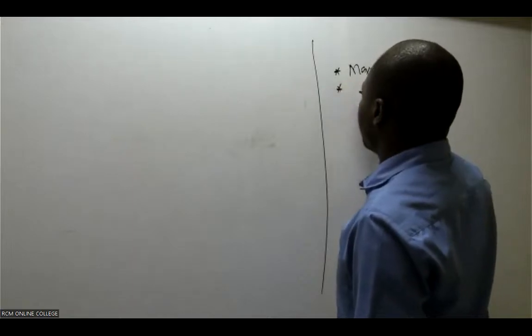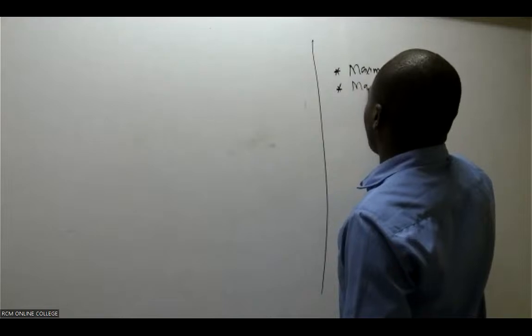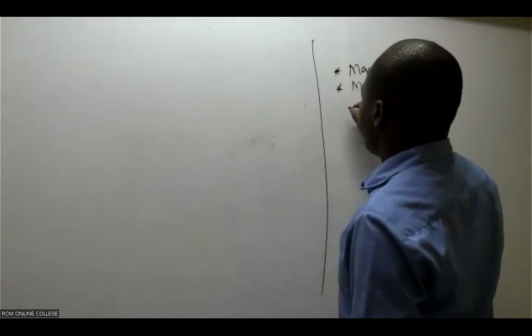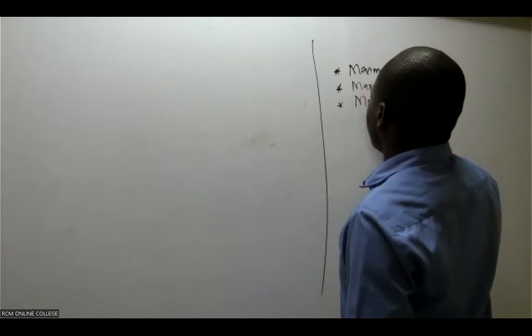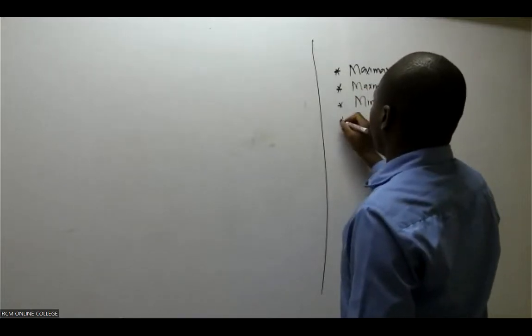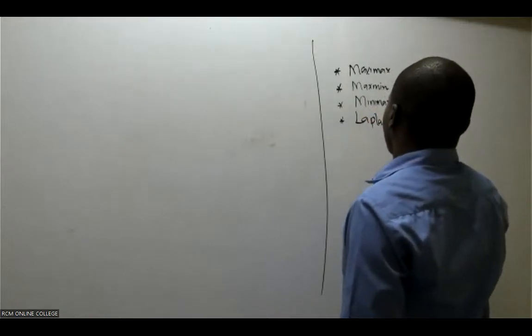Then you maximize the minimum figure. So out of the minimum figures, look at the maximum one. Then you minimize the maximum figure. And then of course we use what you call Laplace criteria.